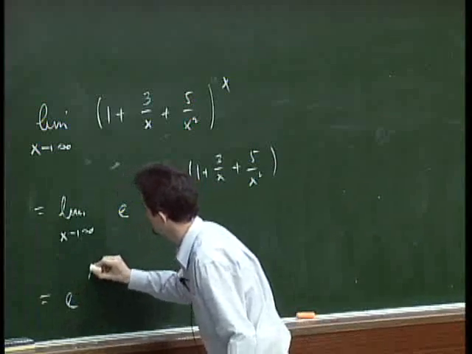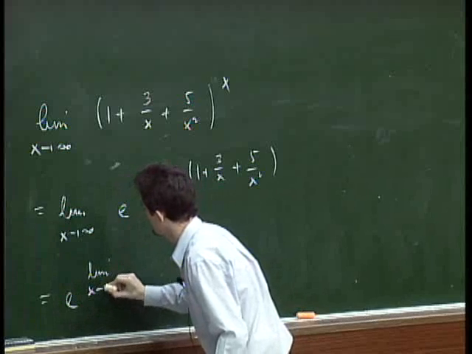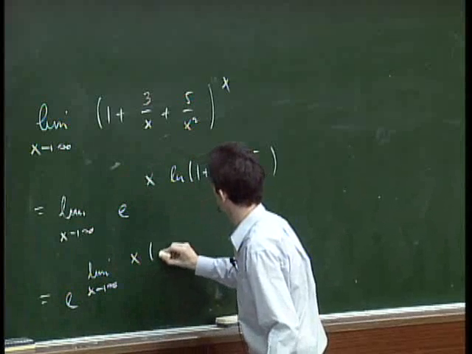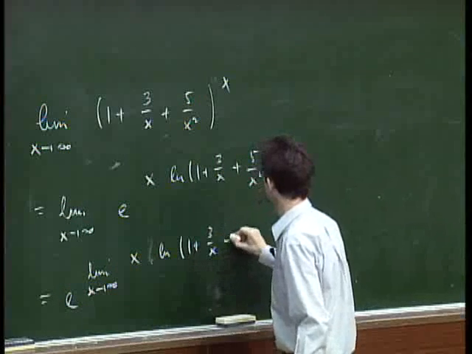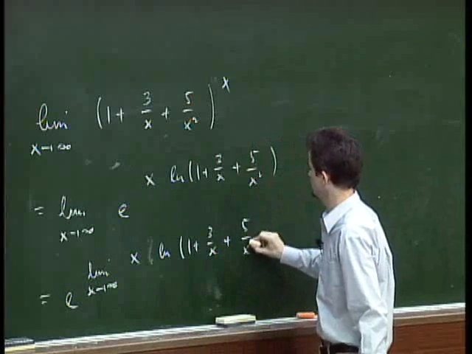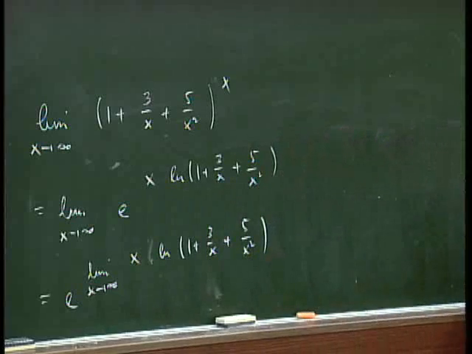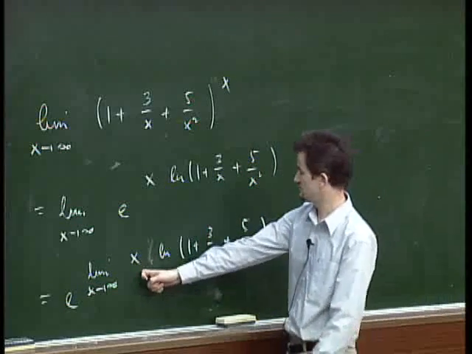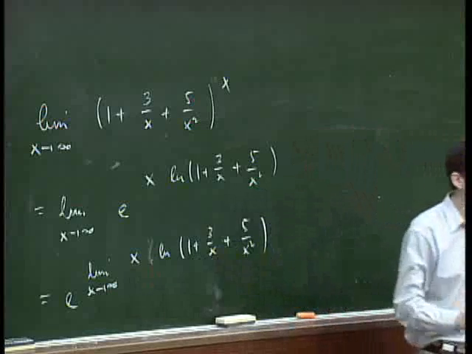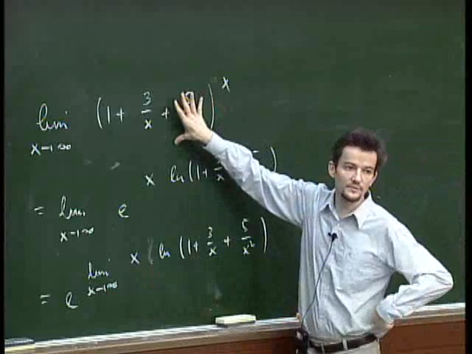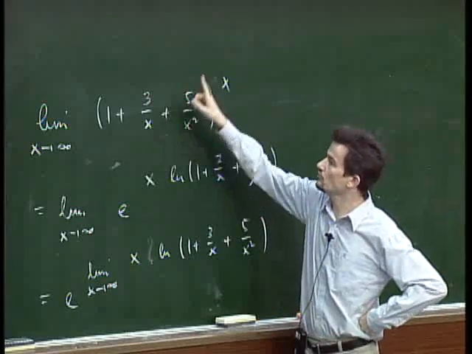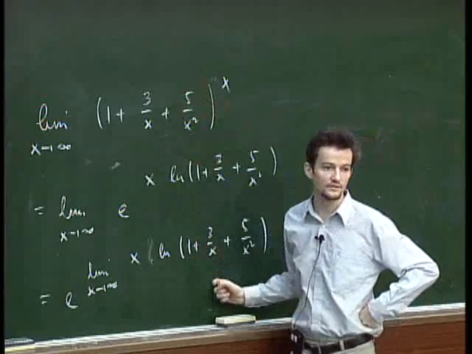So we have e to the limit as x tends to infinity of x times ln(1 + 3/x + 5/x^2). Now this corresponds to infinity times 0. So we have transformed the original indeterminate form of type 1 to the infinity into infinity times 0.